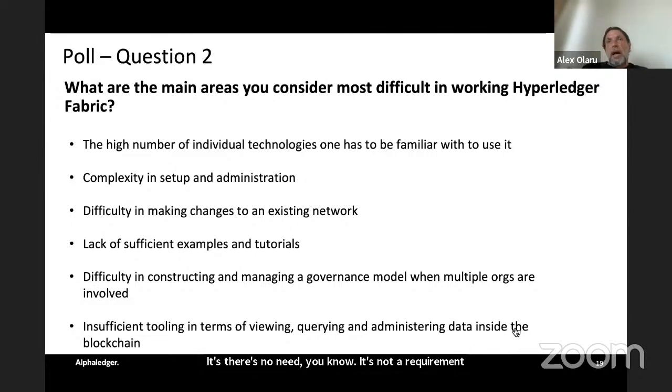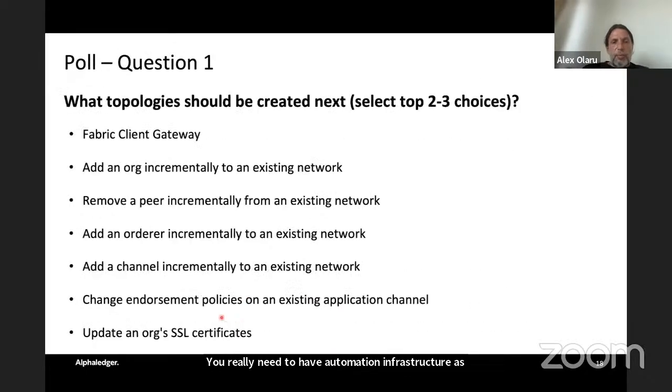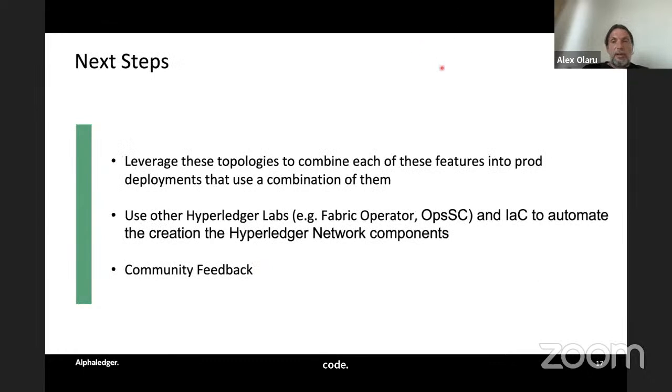I guess it depends, at the end of the day, on what tools you're familiar with in terms of automation, because that's the biggest thing here. To really get these networks to work and have large scale deployments, you need automation and infrastructure as code. There are a couple of projects, like the Hyperledger Fabric operator, which is a big one that's coming up.